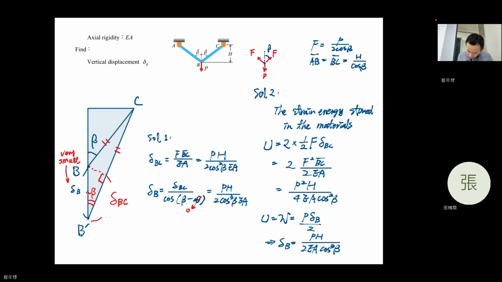Which one? This one? This one? Yes, this is 3. Thank you very much. Is that okay? Thank you very much. So can you let me know your numbers?